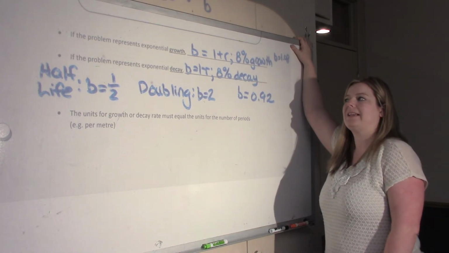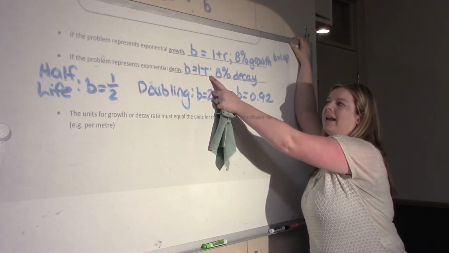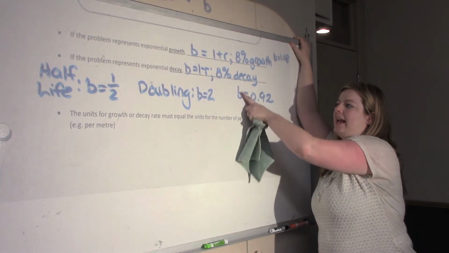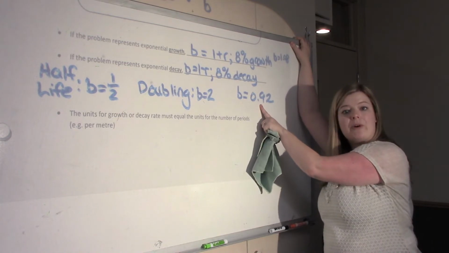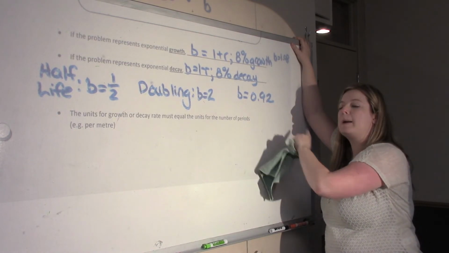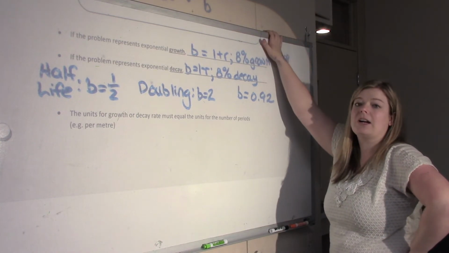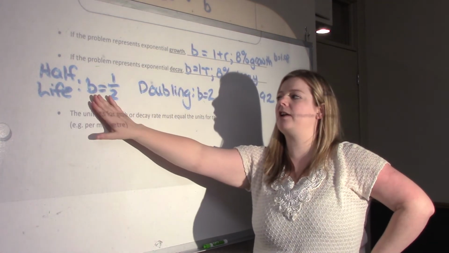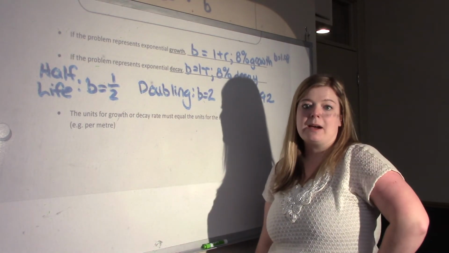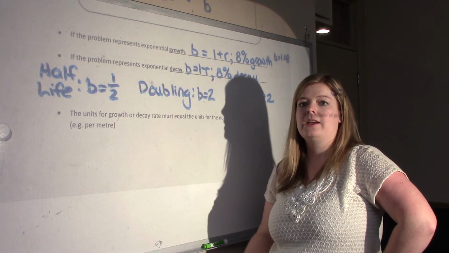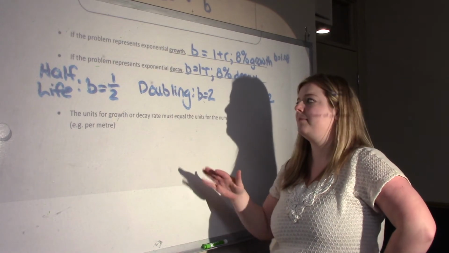If the problem represents decay, B would be 1 minus R, so 8% decay would give a B value of 0.92, because that's 1 minus 0.08. If it's talking about half-life, your B value is a half, because that's 1 minus 50%, okay? So you're halving it every time.